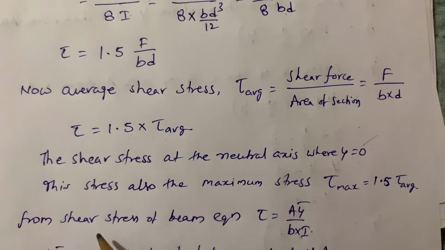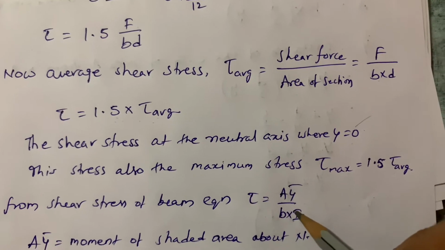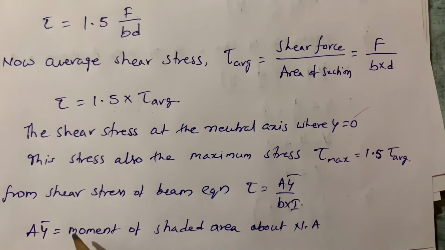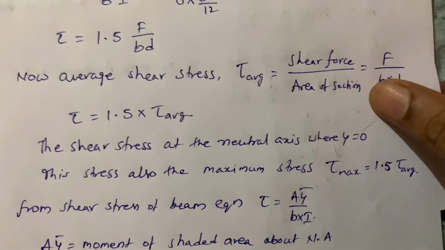Next, from the shear stress equation of the beam, we have tau equal to A y bar by b into I. Here A y bar is the moment of the shaded area about the neutral axis.